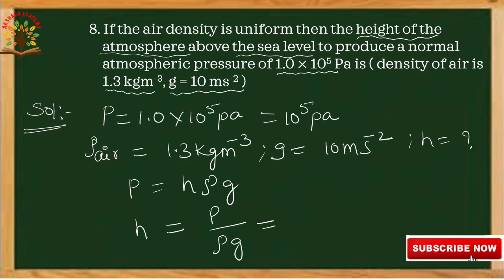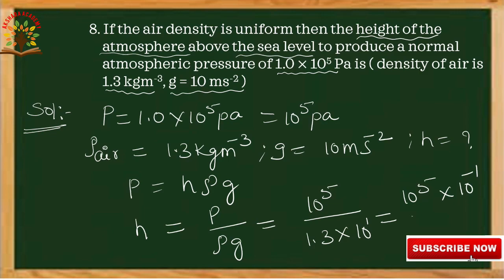Substituting the values, P is 10^5 by rho, 1.3, into g, which is given as 10. This can be written as 10^5, and here 10 to the power of 1 goes to the numerator, it becomes 10^-1, by 1.3.